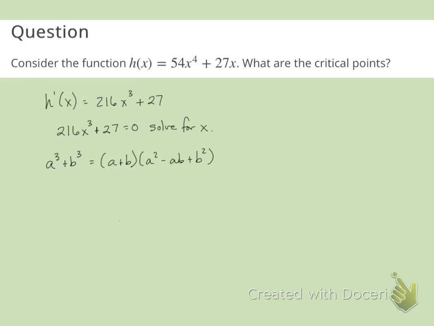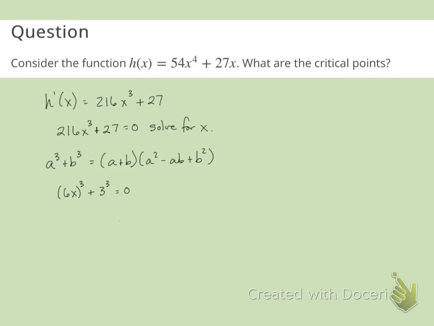So with our function, this 216x cubed, that's the same as 6x cubed. And 27 is the same as 3 cubed. So this will be plus 3 cubed equal to 0.